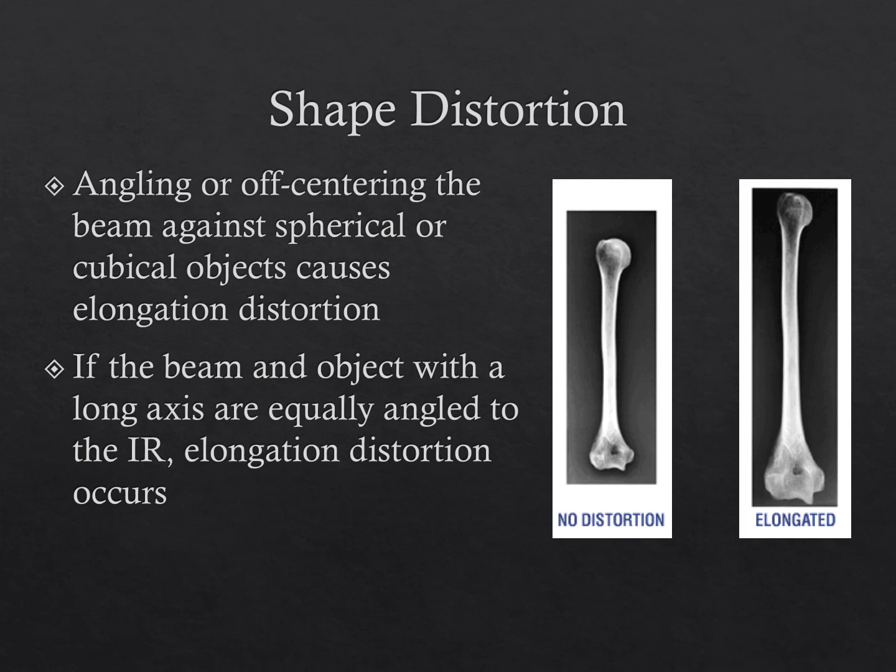If I have the image receptor and the beam, and I have equal with the object angled, I will get elongation. You're going to do this in lab, so it'll make a whole lot more sense when you're doing it. But make sure you pay close attention to these definitions when you're setting up your experiments.